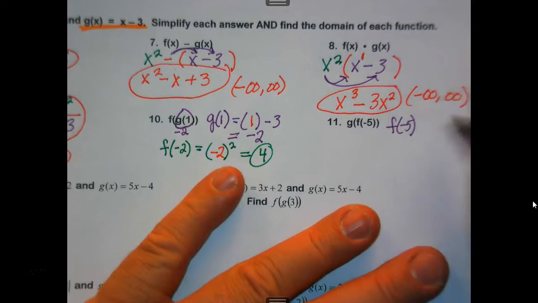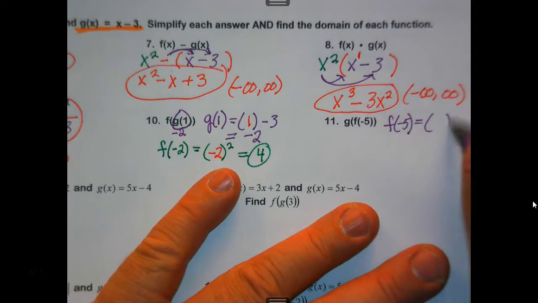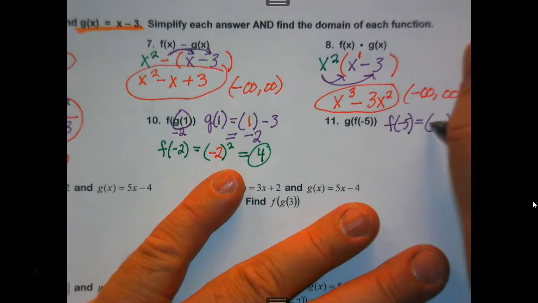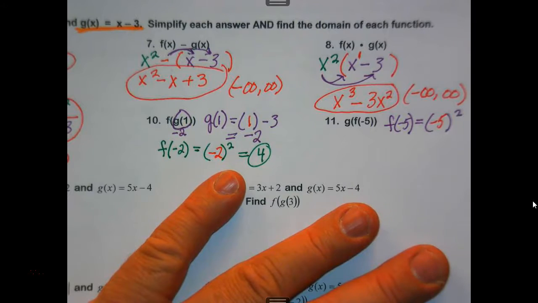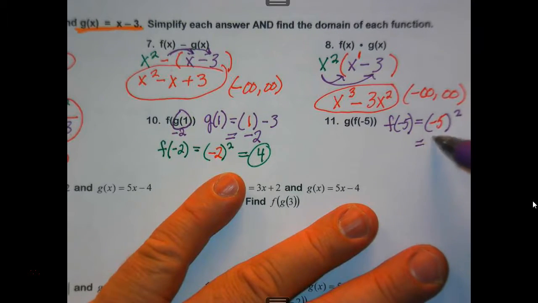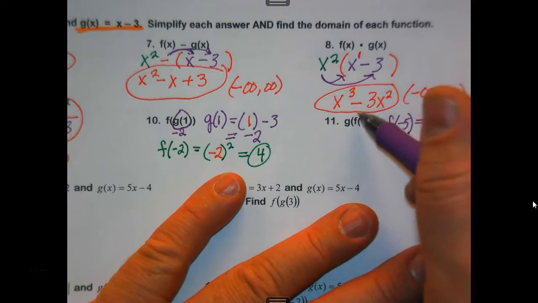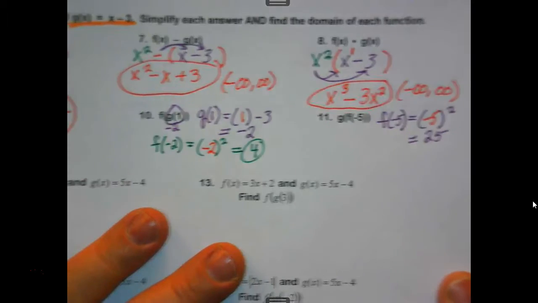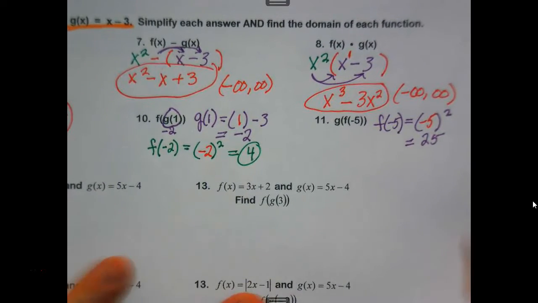And my f function was x squared. My x is negative 5. Negative 5 squared, 25. Okay, good.